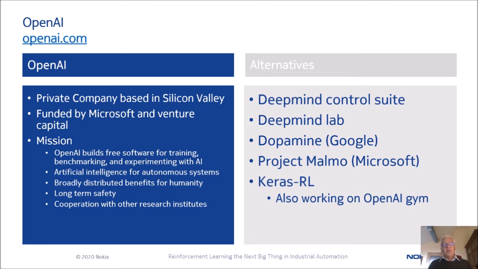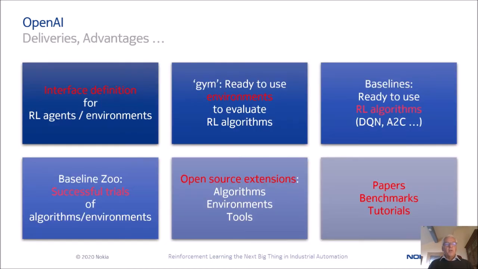There are some alternatives to OpenAI, such as DeepMind, which is very famous in this area. They have also made a lot of inventions and IPRs on these technologies. There are projects funded by Google and Microsoft, and there is also a lot of open source software. But OpenAI is really an interesting candidate to implement such a reinforcement learning control agent. So what's given by OpenAI?